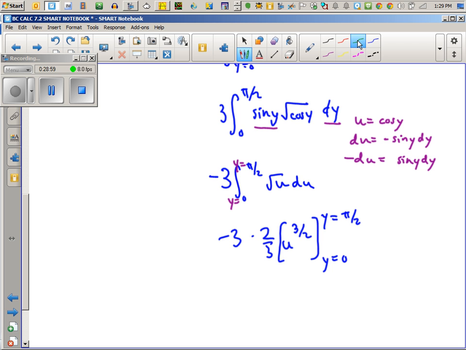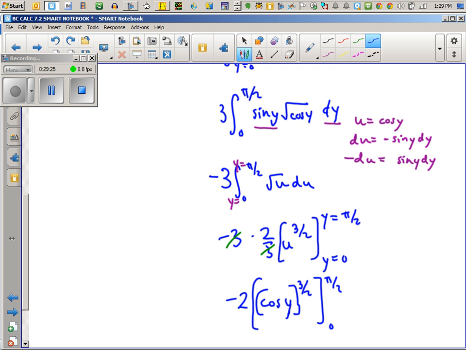Looks like my 3's cancel. Okay, so I have basically negative 2 cosine y to the 3/2, like that. And I'm supposed to plug in pi over 2 and 0. So that's not very stressful.